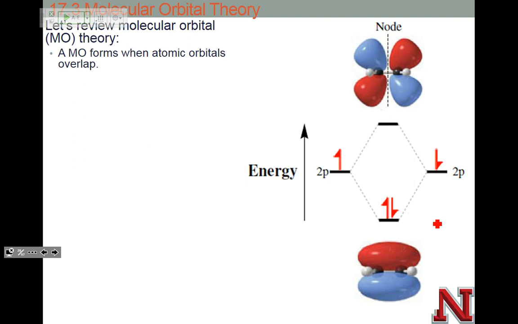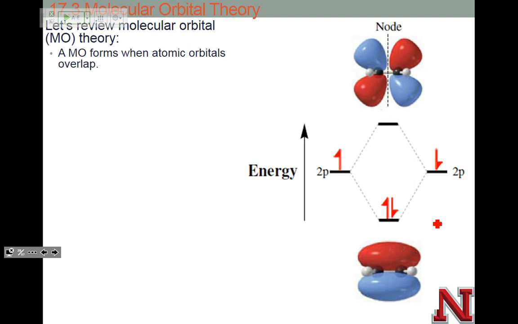Those 2 p orbitals can overlap with either the same phase or opposite phase. When we draw our unhybridized p orbitals, remember this is just showing the positive or negative answer to a big equation, not a charge. So we'll often show it as red or blue, but when you're drawing it, what we'll typically draw is shaded and unshaded.